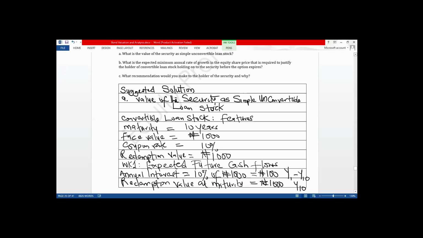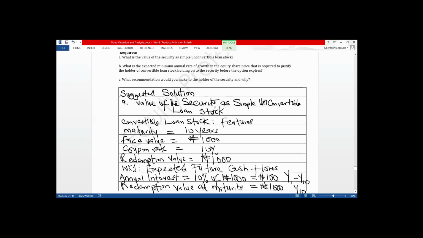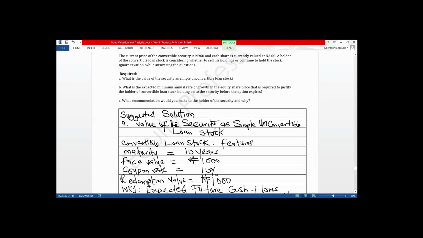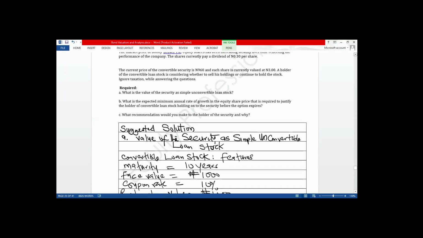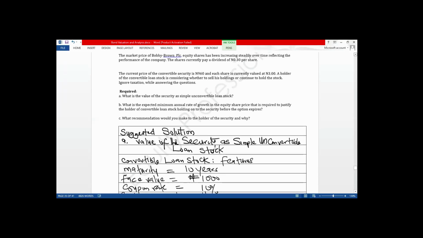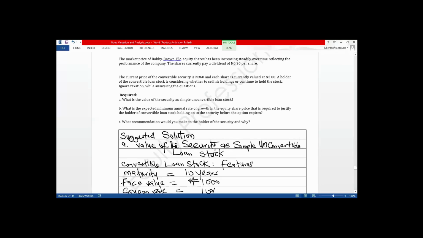Or should the holder hold the security for 2 years and convert to equity in 2 years' time? Or should the holder hold the security until maturity in 10 years' time? What will be your advice or recommendation to the holder?